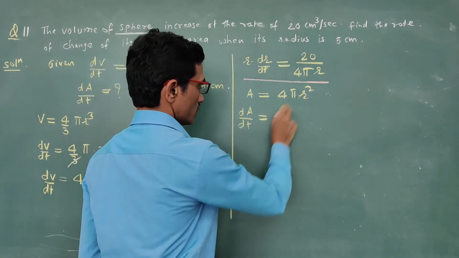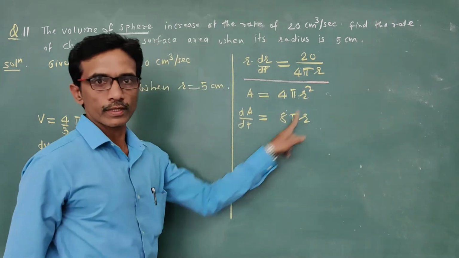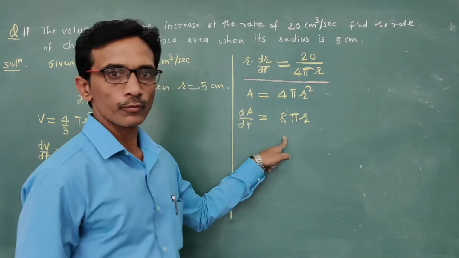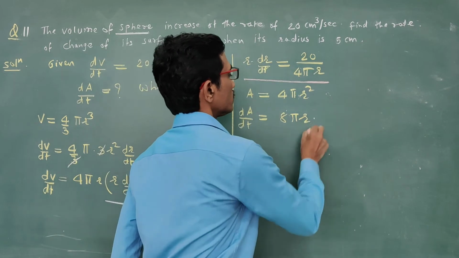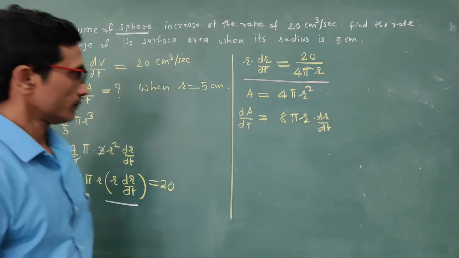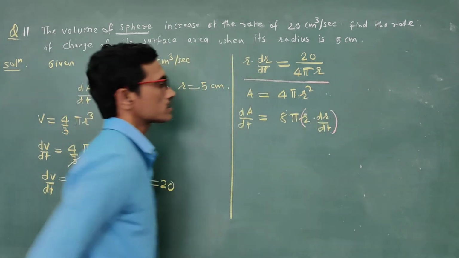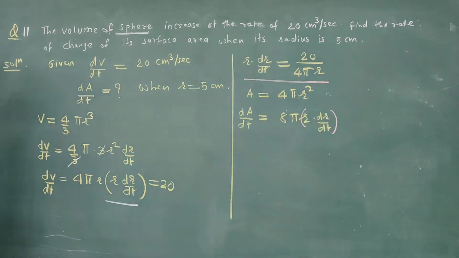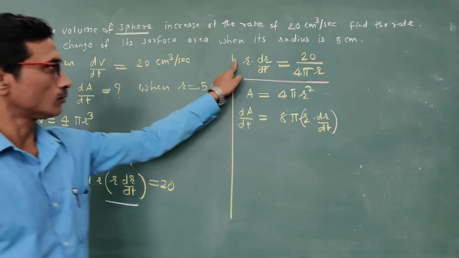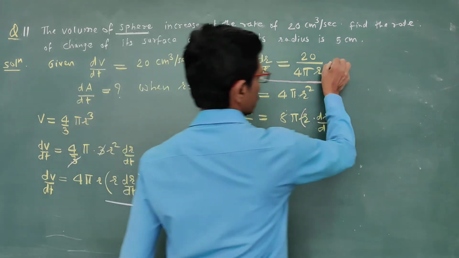That will be 8 pi r into dr by dt, since the derivative of r square is 2r, and this is 4 pi into dr by dt. So here r into dr by dt is known to us, from equation 1.